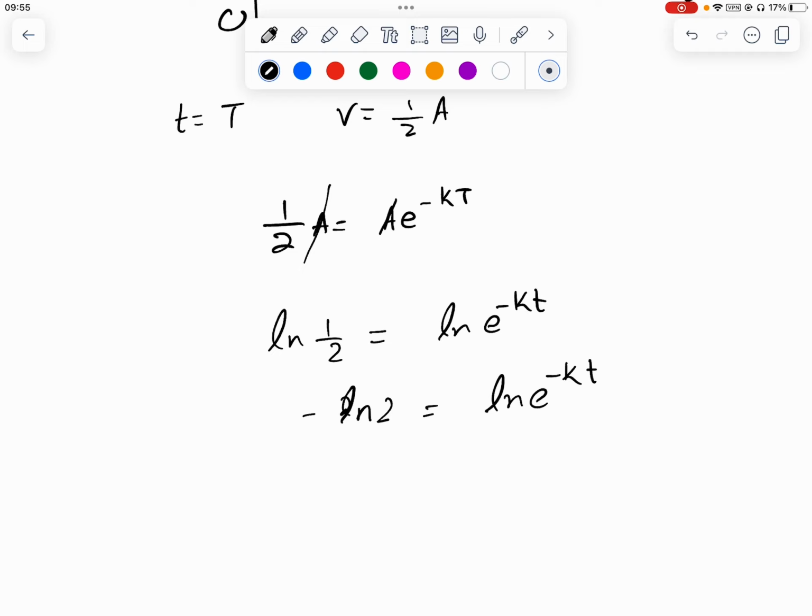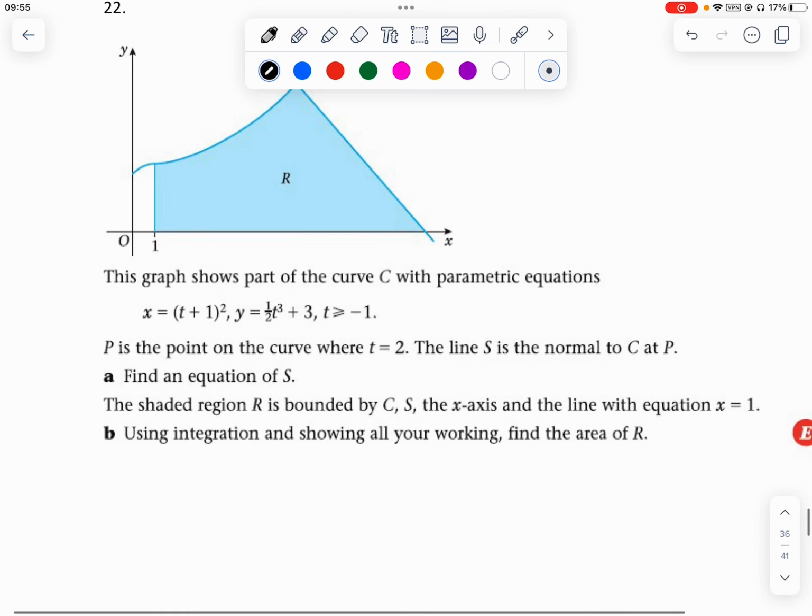So minus ln 2 equals to minus kT, ln e is 1, minus minus cancels, ln 2 equals to kT. That is what has been asked us to prove it out.